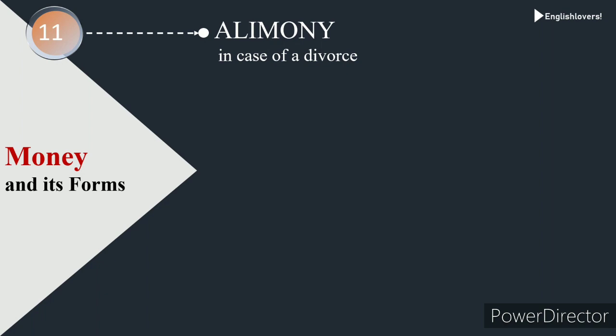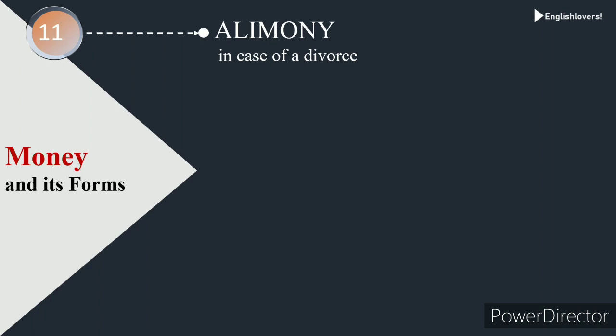Next is alimony. Its pronunciation is alimony. Spelling is A-L-I-M-O-N-Y. So what is alimony? Alimony is the money which is given by one of the spouses to the other, S-P-O-U-S-E. Spouse means life partner, either husband or wife.